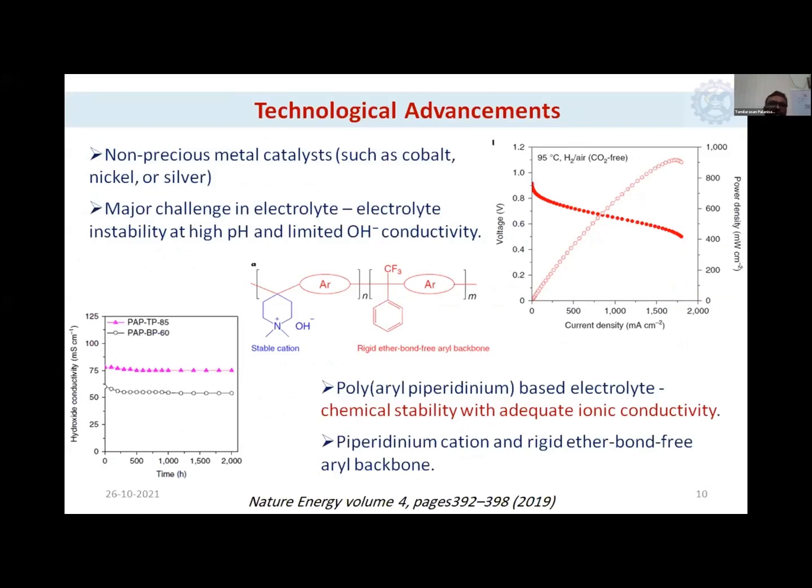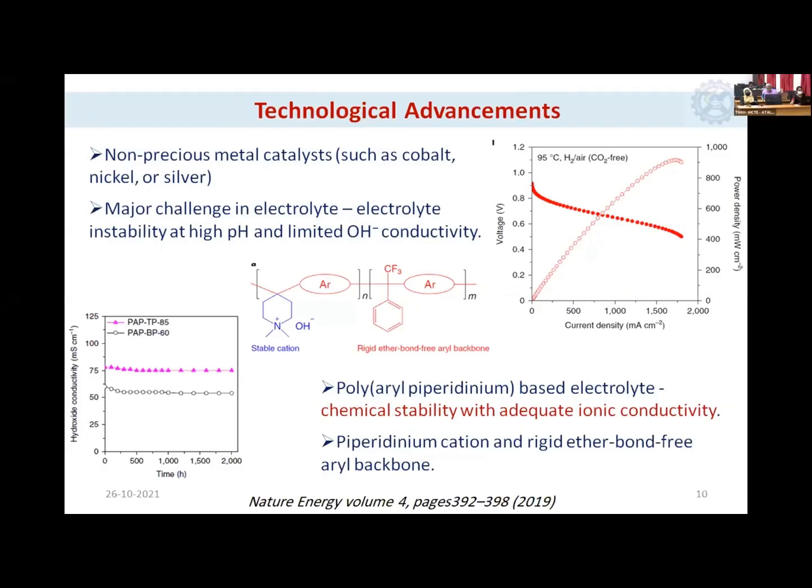As I already said, it is a highly concentrated hydroxide electrolyte. Because of the high pH, the electrolyte and the associated components are unstable. And sometimes the limited conductivity of OH also limits the performance of the fuel cell.